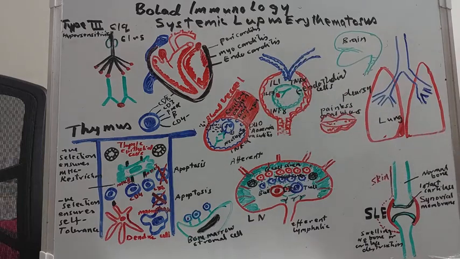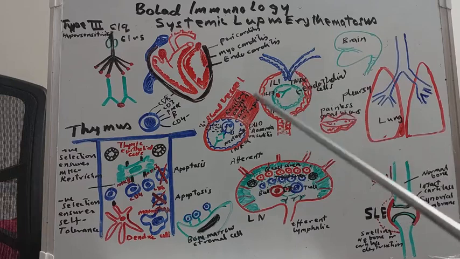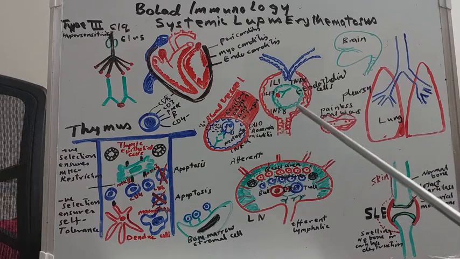The deposition of immune complexes will lead to what is called lupus nephritis, and this deposition triggers formation of some cytokines, for example tumor necrosis factor alpha, interleukin 1, interleukin 17, and interferon gamma. These are pro-inflammatory cytokines and lead to inflammation, or the nephritis.